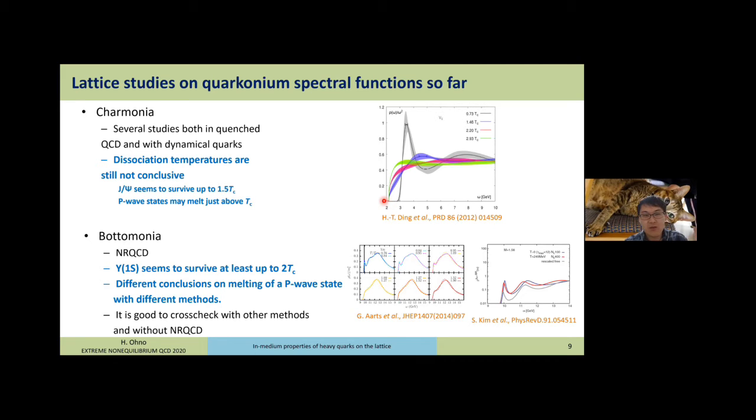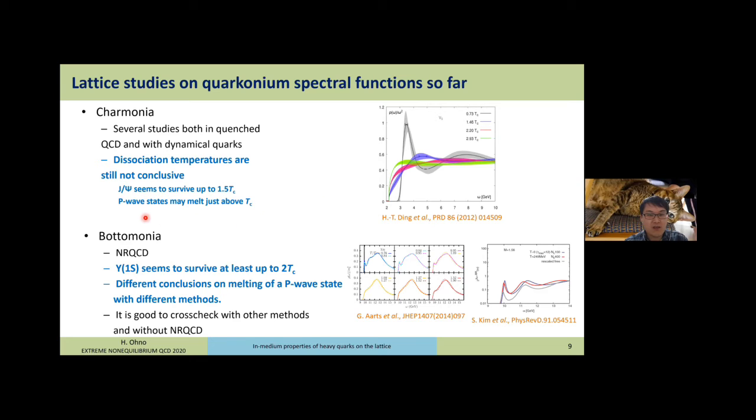But some groups showed that J/psi is already melted at some temperature below this.